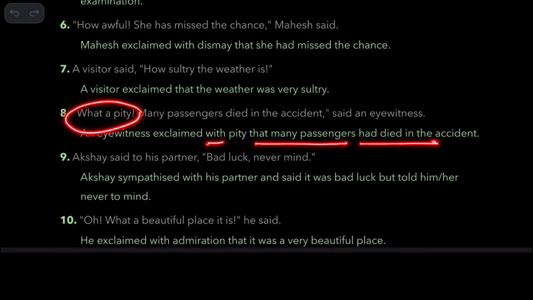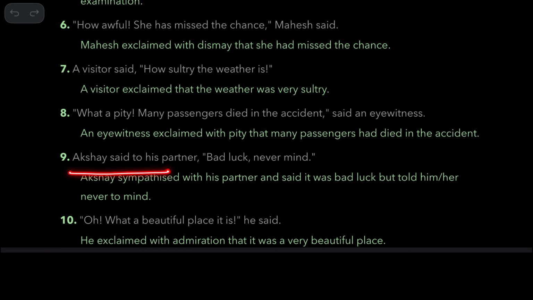See here, what a pity, with pity. Akshay said to his partner, "Bad luck, never mind." Akshay sympathized with his partner, and said it was bad luck, but told him never to mind.